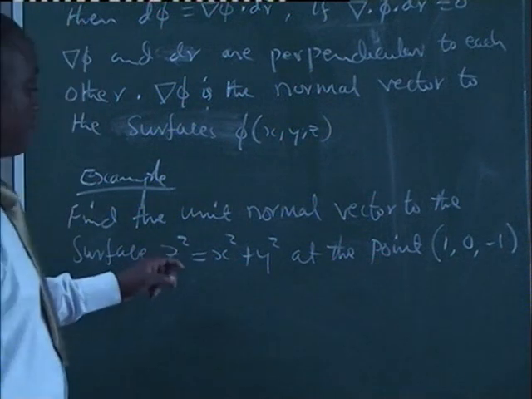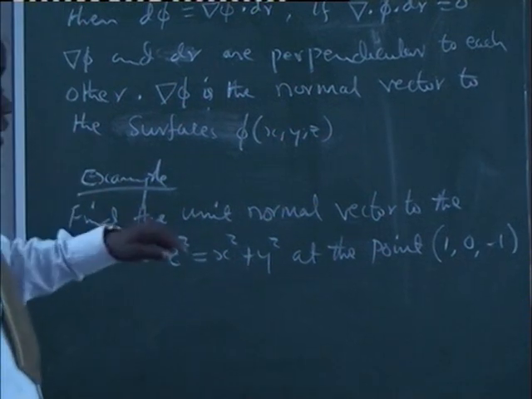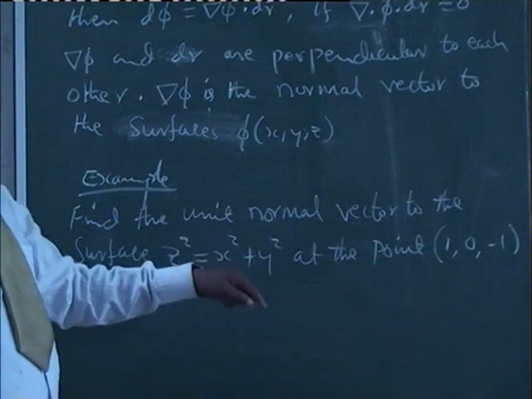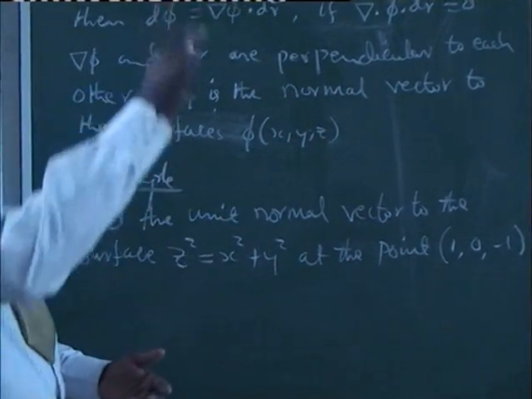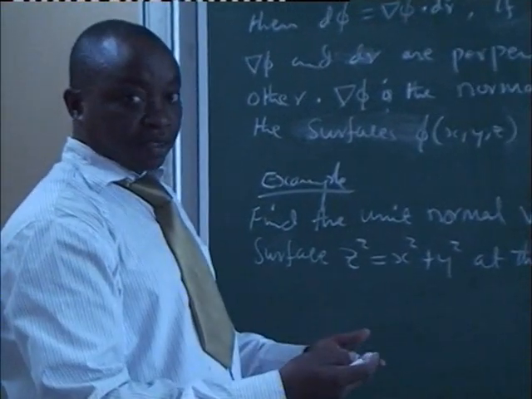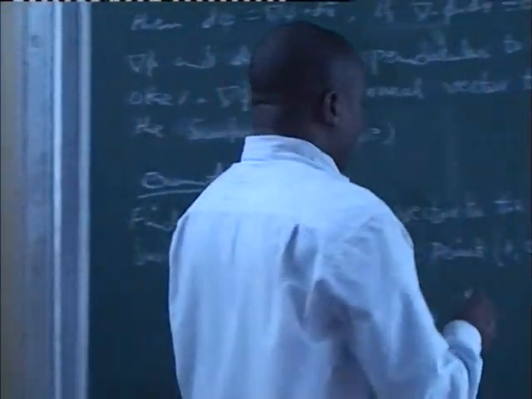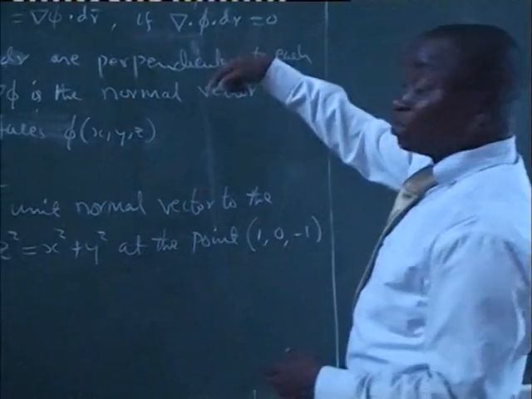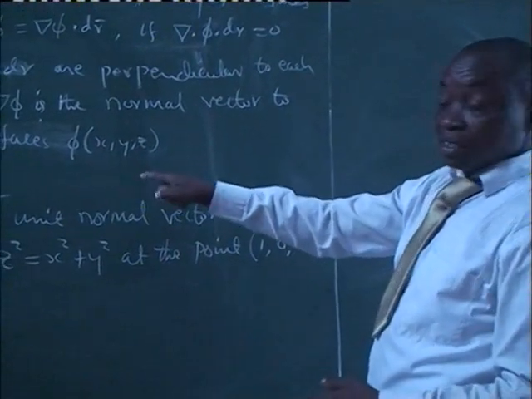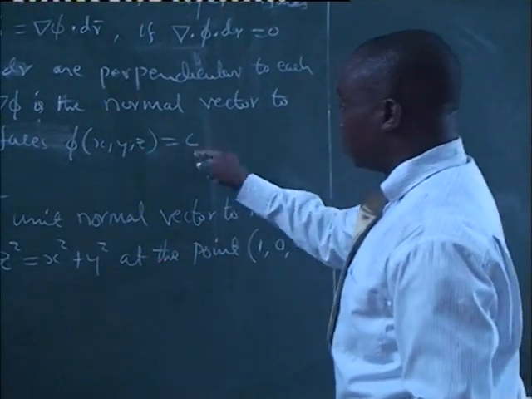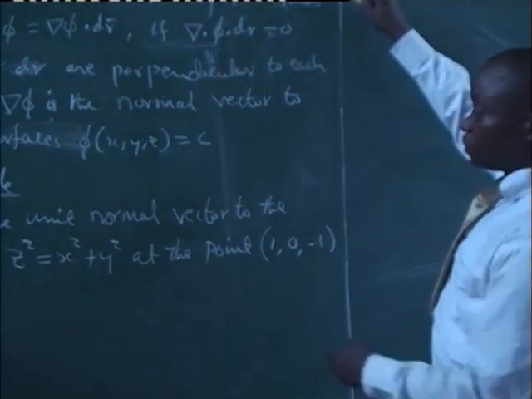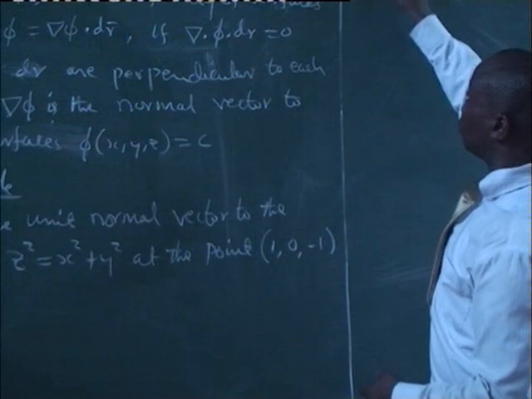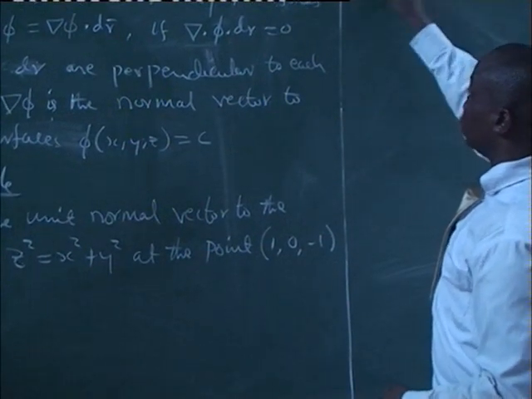We have said that del phi is the normal vector to the surface, the surface phi equals C. So we should know that, and we can use it.